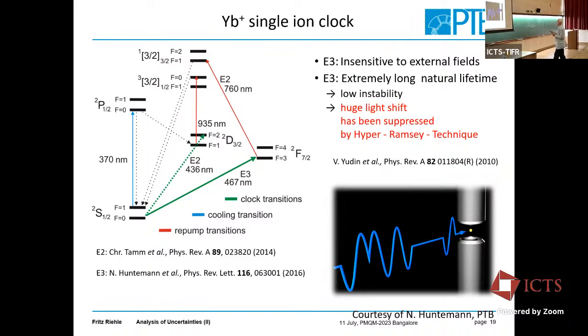But this leads to a big shift, and this can be suppressed by the so-called hyper-Ramsey technique that has been developed by Yudin et al. in 2010, and it makes use of changing the phase in between. So making a phase shift for the laser, and if you do it right, then you can suppress this shift dramatically.